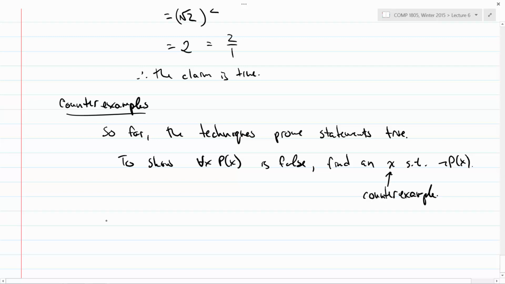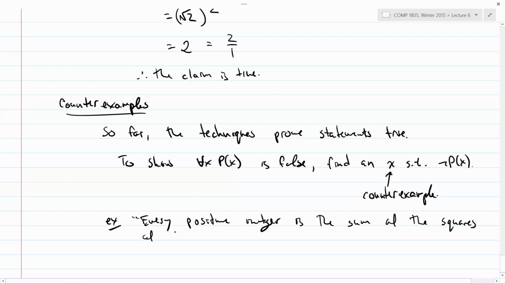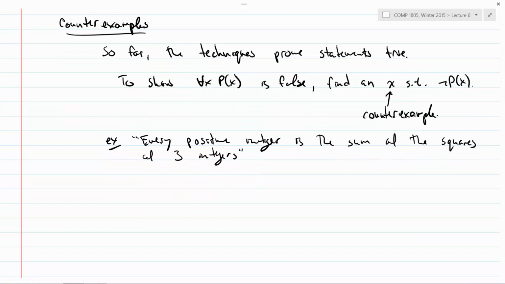So as an example, if I wanted to disprove "every positive integer is the sum of the squares of three integers," well, to do that, all you have to do is come up with a counterexample, and the counterexample to this is 7.